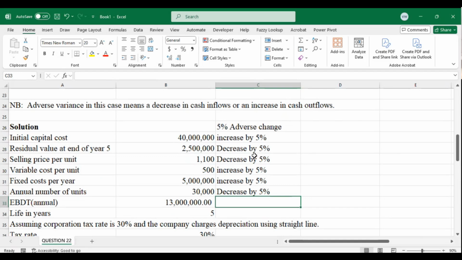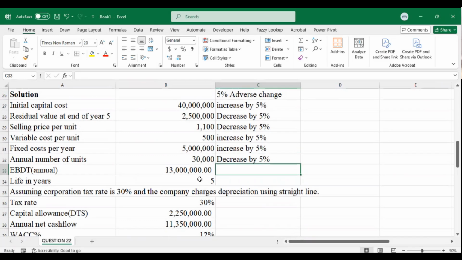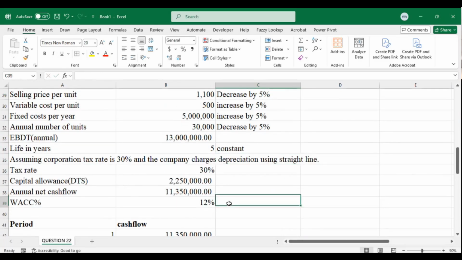And because this is not a variable, this one is a product of our calculation. The other variable, we are told that the life will remain constant, so this one will not change. We will not make any adjustment. And also the weighted average cost of capital, which is 12%, will remain constant.